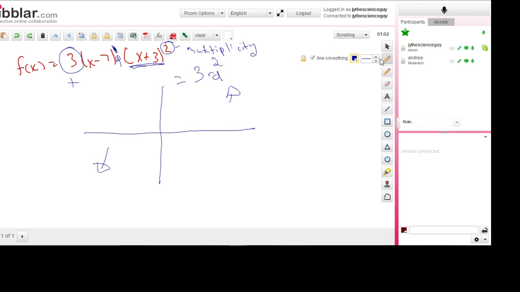So I'm just going to use the shape of my parent function. If this was negative, then it has to look like that. It's in opposite directions. Right.